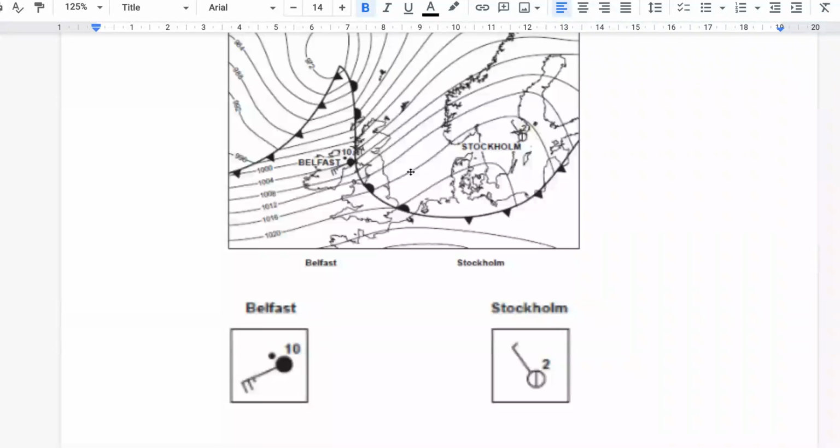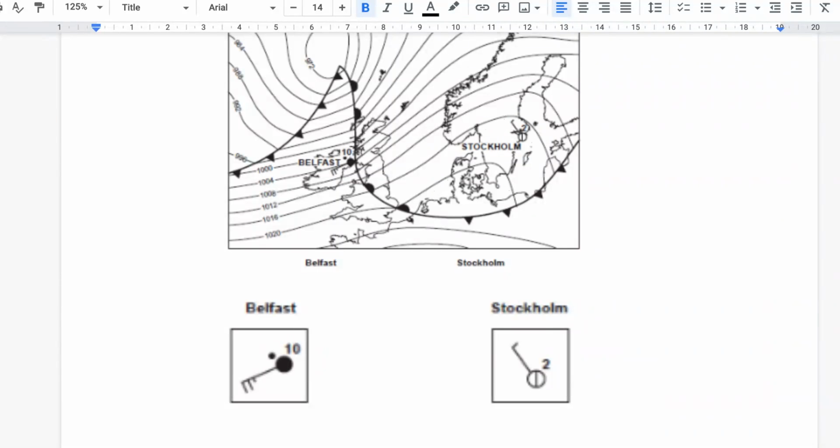So if we do clockwise, that means the wind is traveling around this way, following the direction of the clock. I'm just following this 1016. It would be going up here, and then it would be coming down and going around southwards. So at the moment, it's coming from the northwest. Likewise, down here, it would be coming from the northwest. So that is why Stockholm has a different direction, because it's high pressure with winds traveling in a clockwise direction.